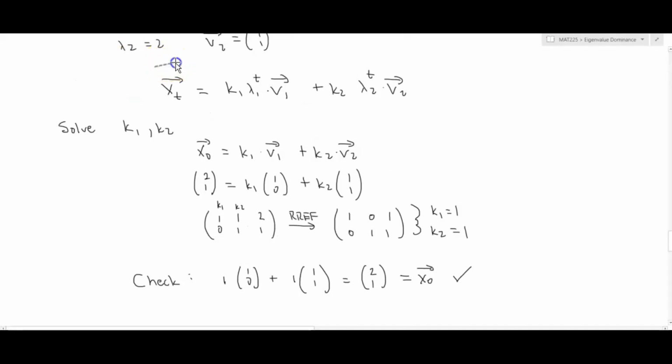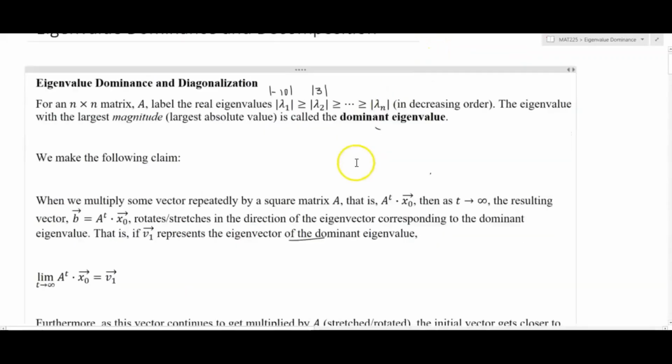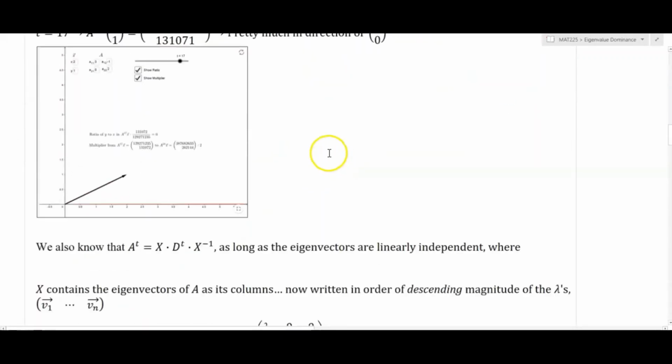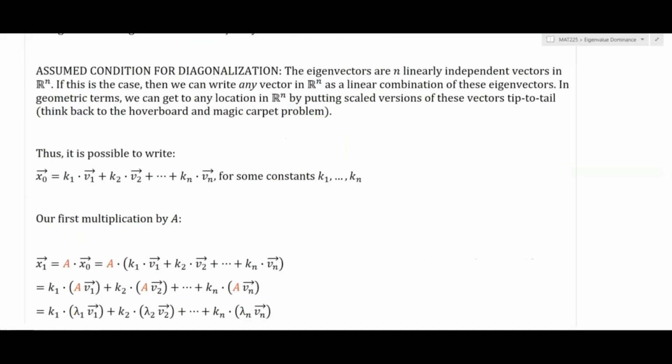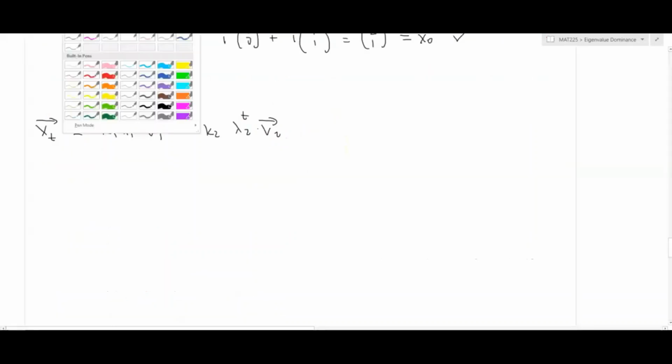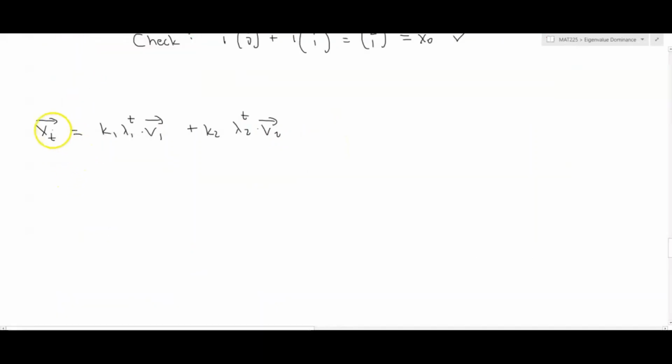So here we now are going to write where that vector is. Whoops, don't know what happened here, sorry about that. And so now we're going to plug in what values we have here. Remember, the x_t vector just contains the x component at time t and the y component at time t.